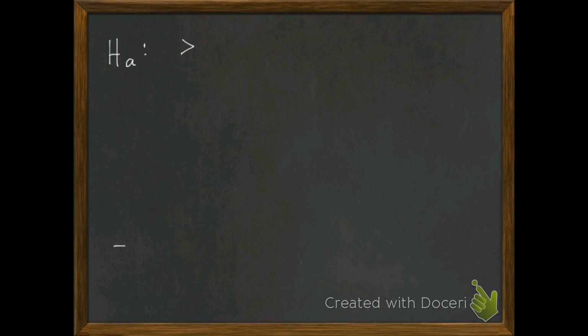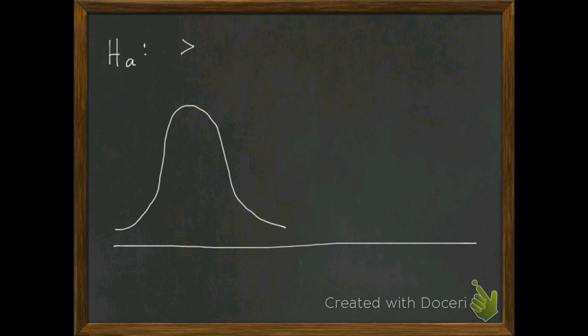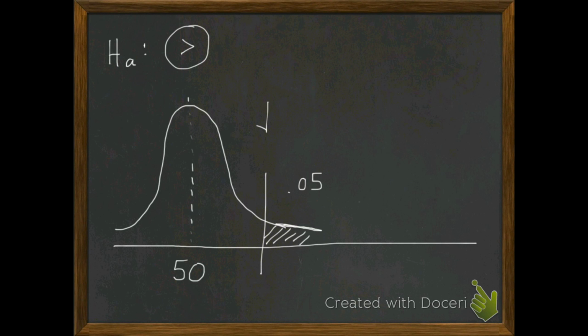So I'm going to realize that my distribution of sample means, which I'll make my decision from, which has a mean of 50, has a rejection region up here on the upper end because of the greater than of 0.05.